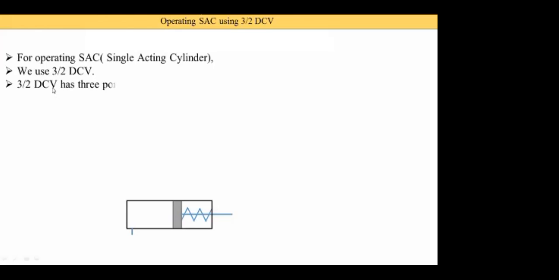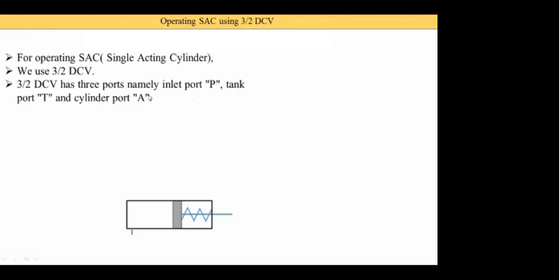So here you see the symbol. First we need to show the names of the ports, and then we go to the animations of the 3x2 DCV. So the 3x2 DCV has 3 ports. One is the inlet port P, also called the pressure port, which means the oil is coming from the pump and entering this port. Then the tank port T means the oil is supplied back to the tank or reservoir.